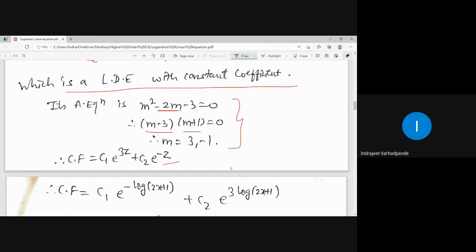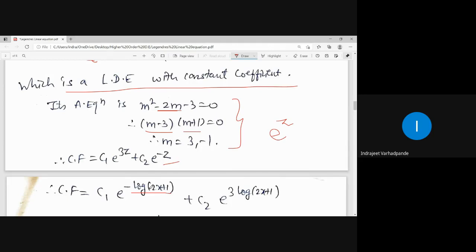But I know the value of e to the power z. e to the power z is 2x plus 1. Put the value of z. What is the value of z? Log of 2x plus 1.